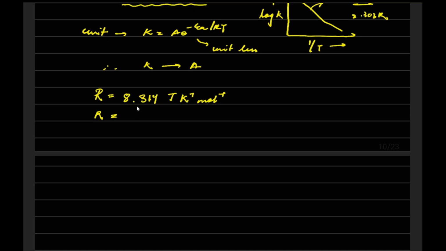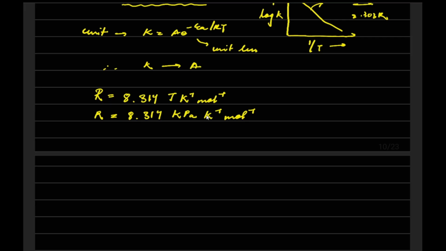There are three values of R: 8.314, 2 and 0.08314. For 8.314 there is one more value where R is equals to 8.314, that is for kilopascal Kelvin inverse mole inverse.